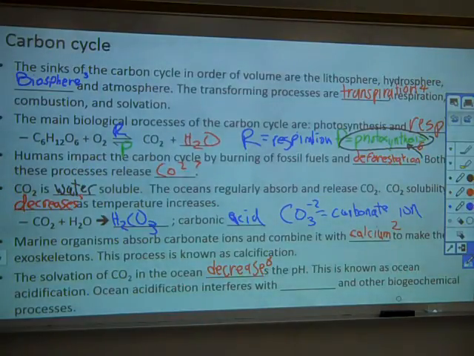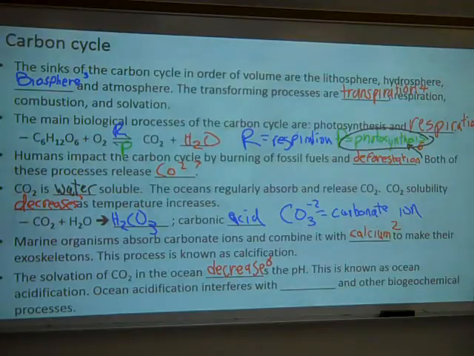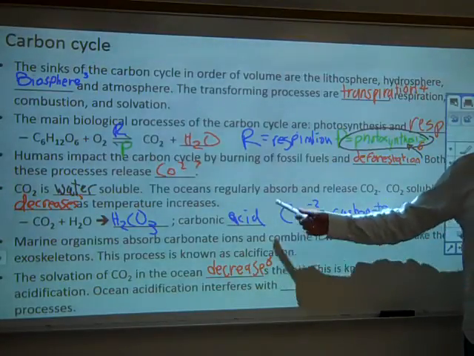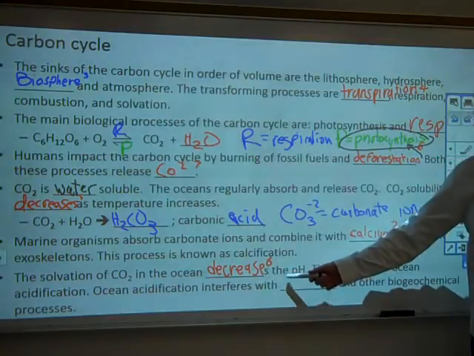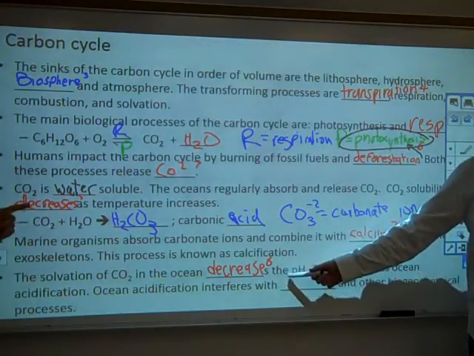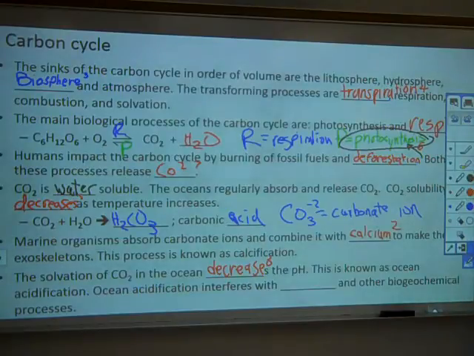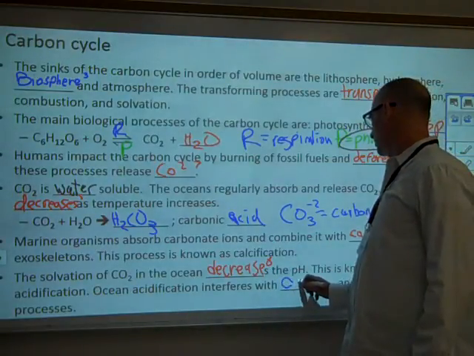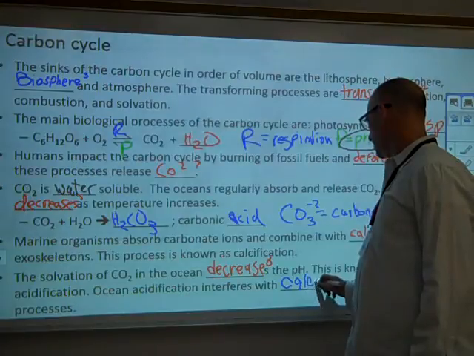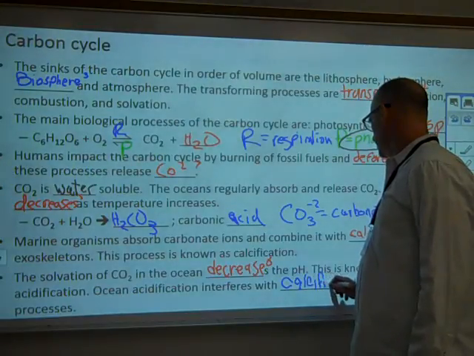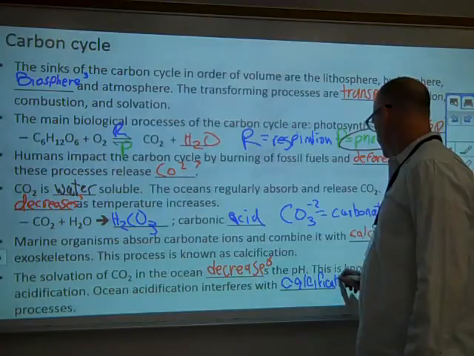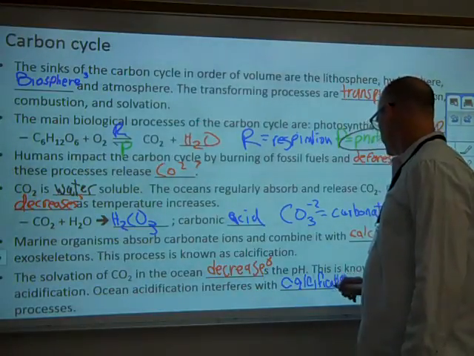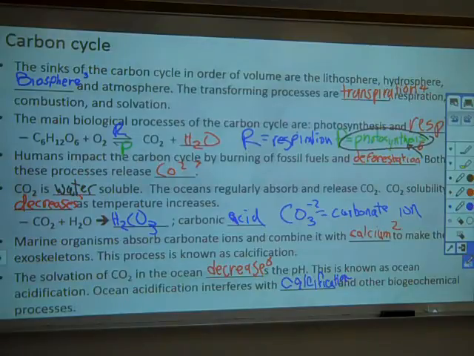But the problem is that, since this is an acid, extra CO2 dissolving into the ocean lowers the pH, makes it more acidic. We all know that lower pH means more acidic, and this will actually interfere with the calcification process, because acids dissolve calcium carbonate.